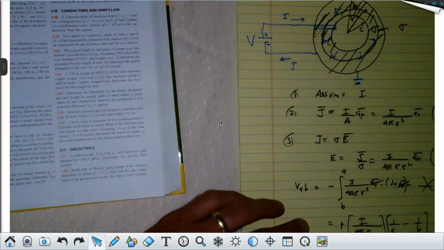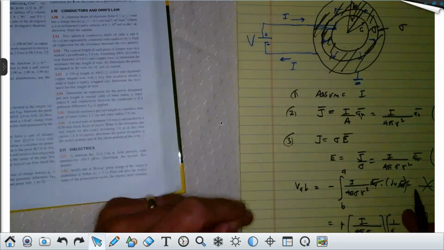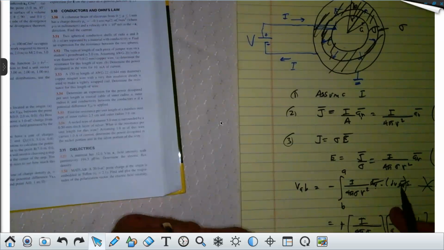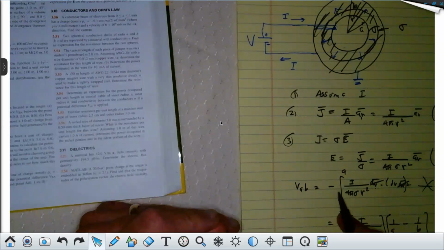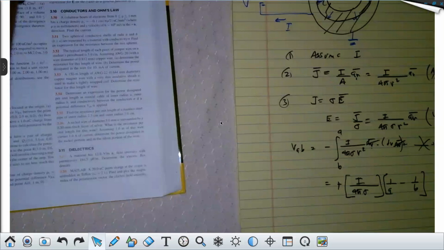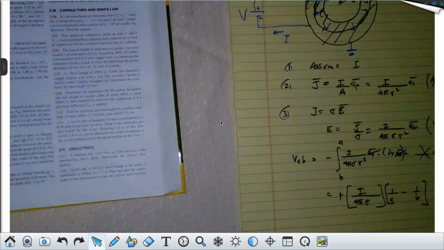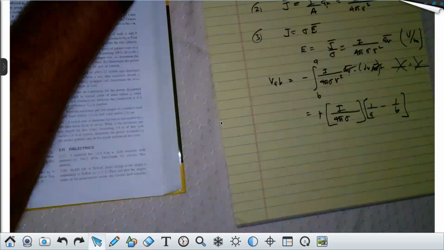Just do this integration. 1 over R squared dr is minus 1 over R, correct? There's a minus sign out front. You get rid of the minus signs and you evaluate it at A minus B. And you'll notice that A is a radius that I've assumed is smaller than, oh, sorry. Yell at me if you can't see. Y'all see this right here, class?